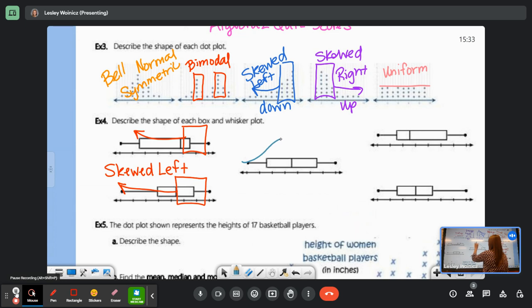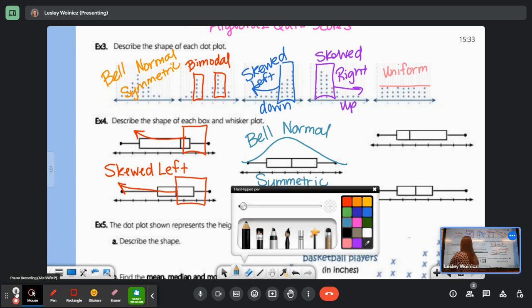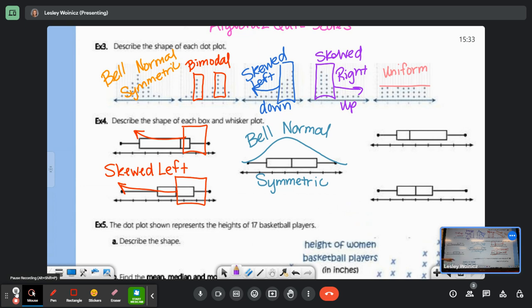So this one is our beautiful bell, or normal. Uniform. No. Okay, what about these last two? Skewed right. Here's the lump, here's the tail. Lump, tail. These are skewed right.